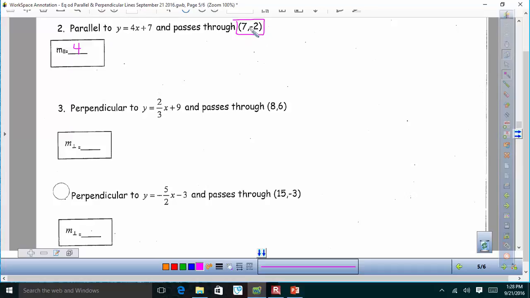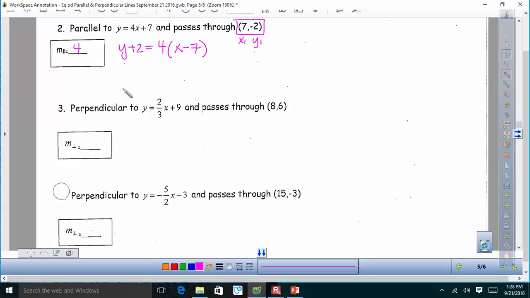Then we're passing through 7, negative 2, so I'm going to label x1 and y1 so that I can plug in. So what would my equation look like when I plug in? Y plus 2 equals 4 parentheses x minus 7. Perfect.